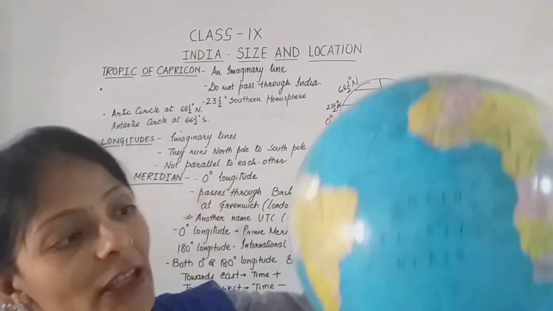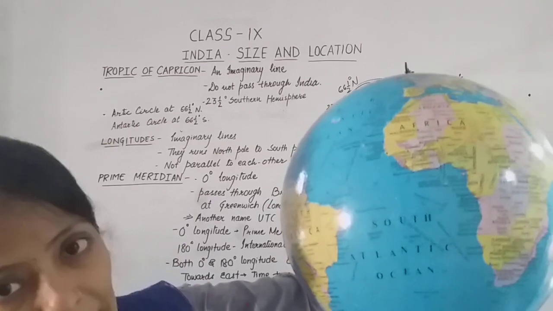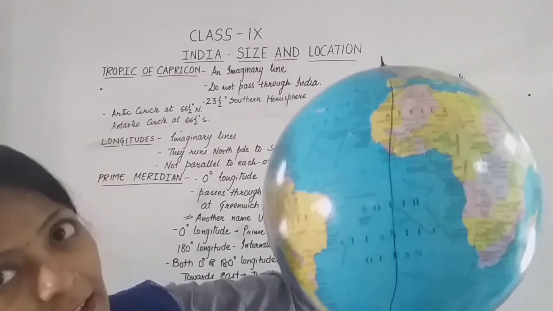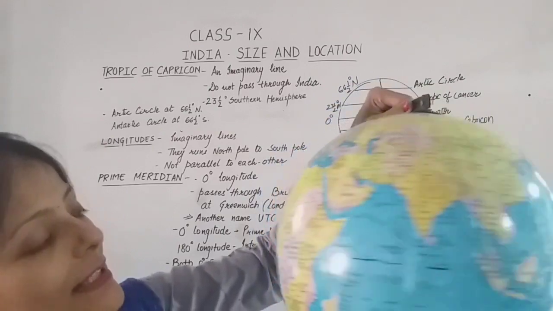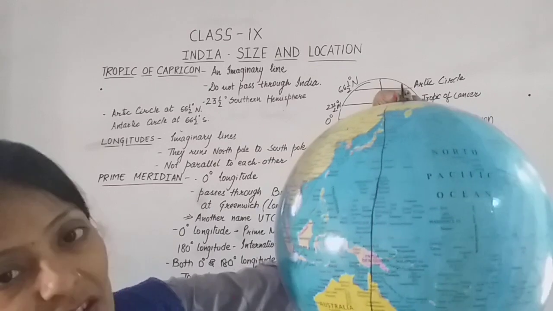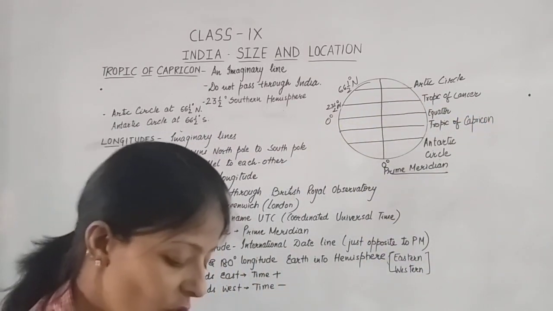Got it? If I am showing you on the globe, see, this line is known as the prime meridian, and if I am talking about the back portion of this line, this portion is known as the international date line. Clear? I hope it's clear to you students.